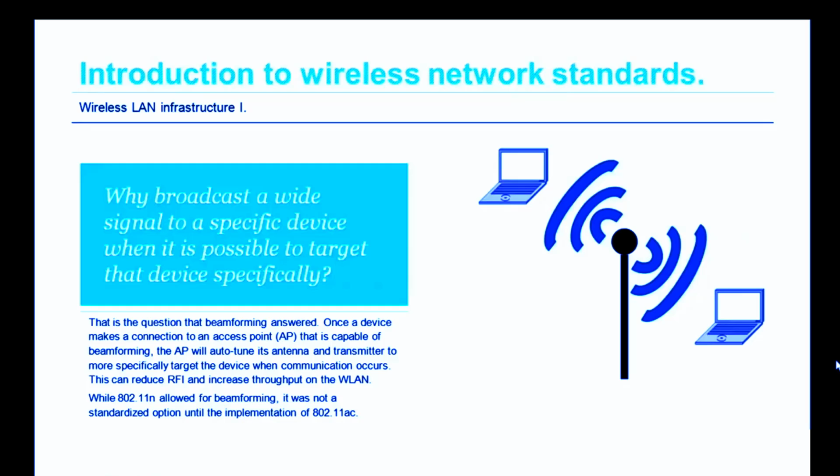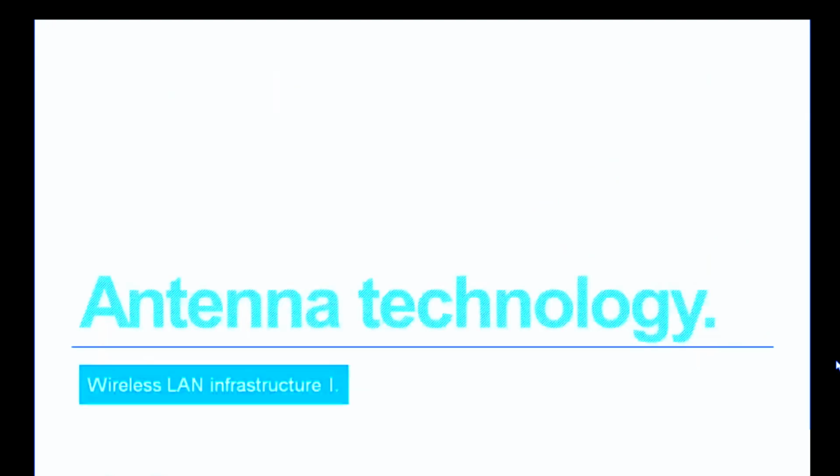This can reduce RFI and increase throughput on the wireless local area network. While 802.11n allowed for beamforming, it was not a standardized option until the implementation of 802.11ac. Since we've covered the standards, let's move on to antenna technology.